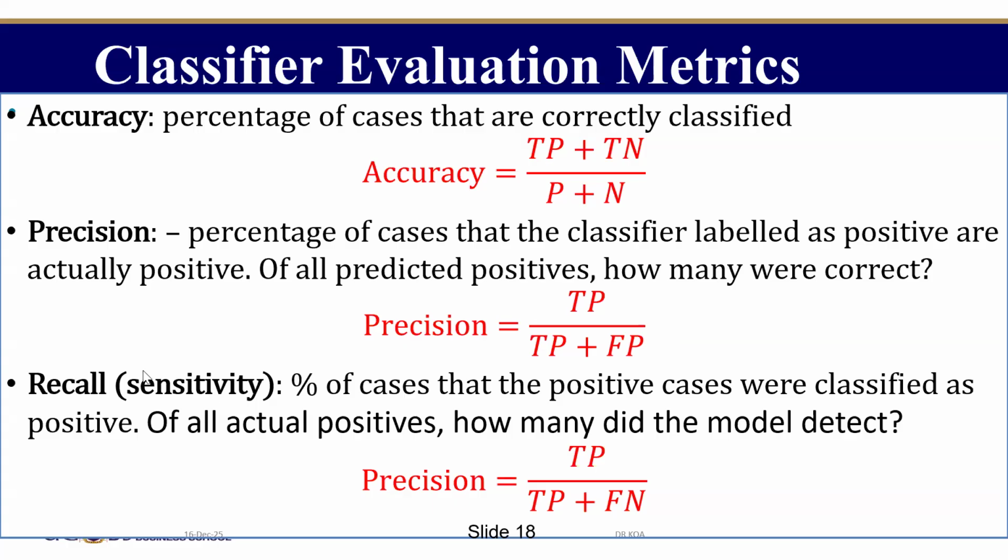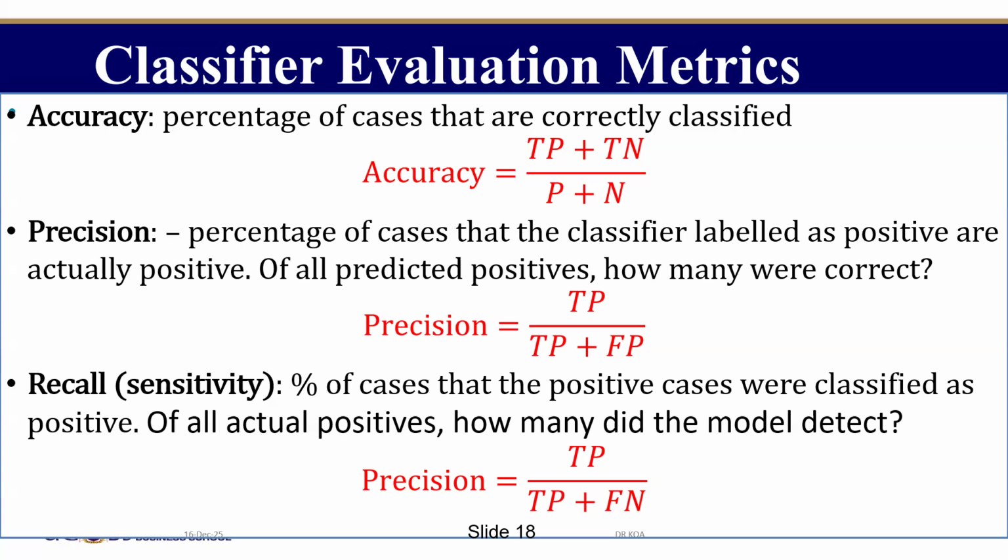The next thing you will be asked to calculate is the recall, or the sensitivity. Again, it is the portion of all the positive cases that were classified as positive. Now, if you don't take care, you might think that is the same as precision, but look at the difference.